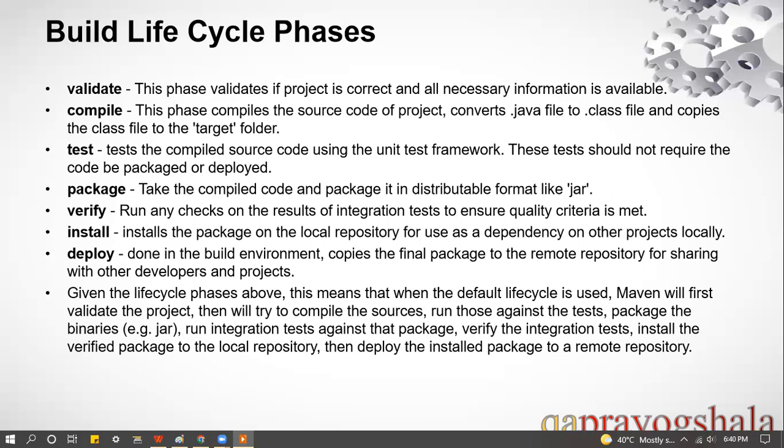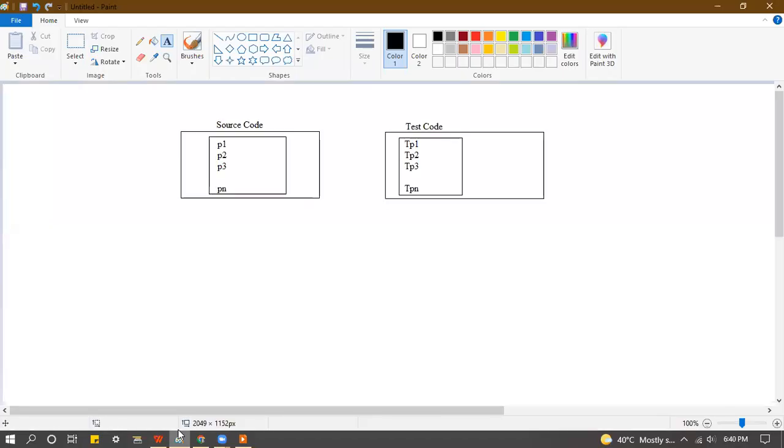In Maven, as we saw in my previous video, if you see the hierarchy, we have two different parts: one is the source code and one is the test code. We have the src main folder, and we have the src test folder also.